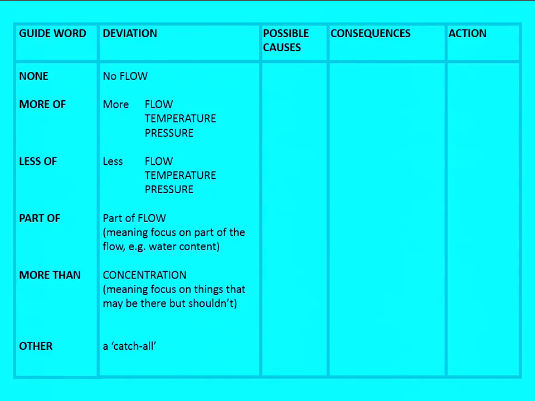So if something was to say, okay, we end up with, I don't know, 1,000 tons of oil going into a lake, for example, that would be a very exact damage to the environment, wouldn't it? So when you're thinking of consequences, it's in terms of safety for people, preserving the equipment, which crops up quite a lot, and also preserving the environment as well. So those are your three main objectives of consequences.